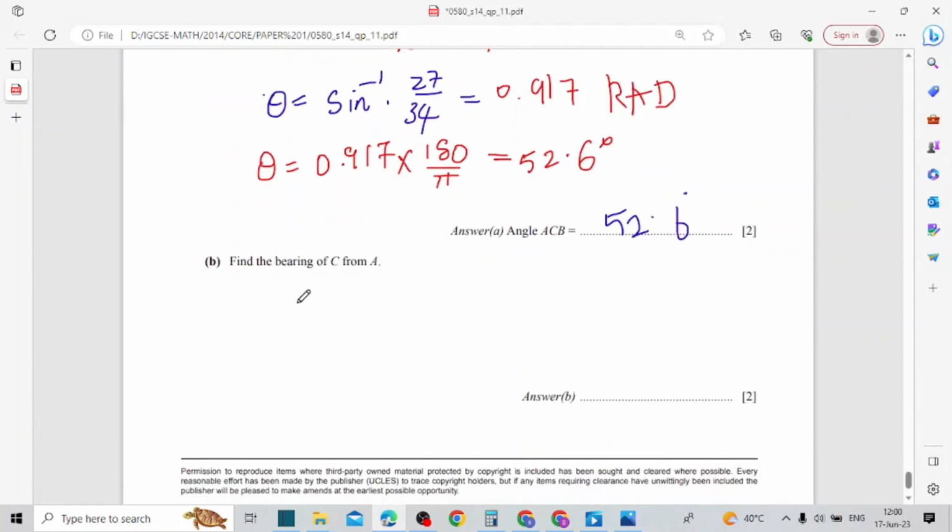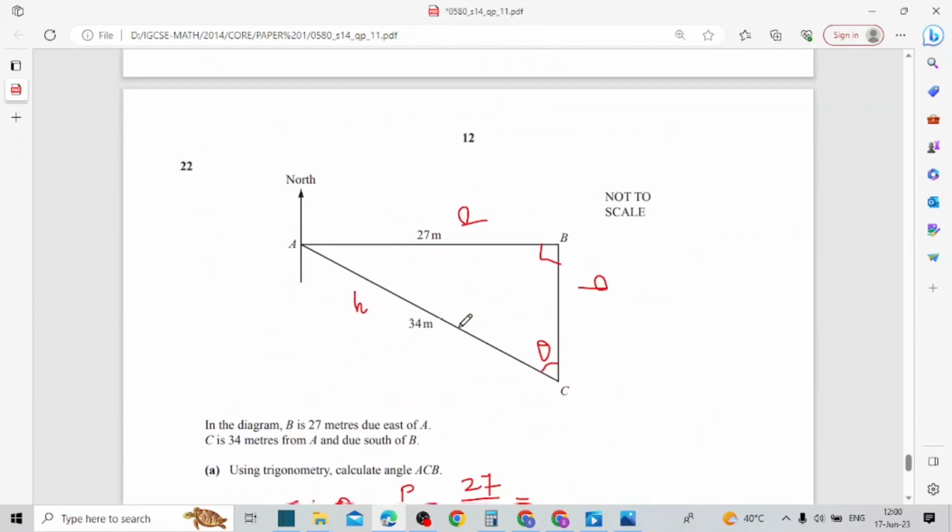Next, find the bearing of C from A. What is the bearing over here? Bearing is always measured from the direction north or south, towards east or west.